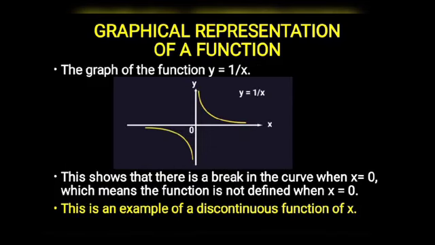Another graphical representation of a function is the graph of the function y is equal to 1 over x, which is an example of a discontinuous function of x. This graph shows that there is a break in the curve when x is equal to 0, which means the function is not defined when x is equal to 0. So that is why it is a discontinuous function of x.